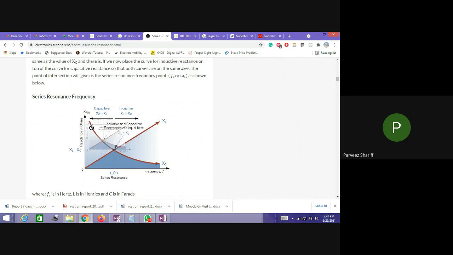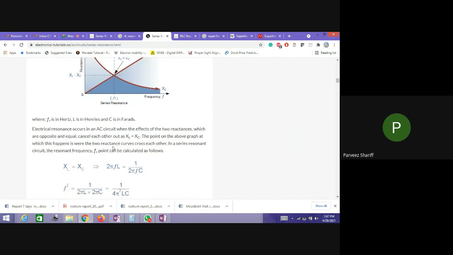Here the reactance of the capacitance is higher, whereas the reactance of the inductance is less. So below this point, it is a capacitive reactance circuit, and above this, it is an inductive reactance circuit. This is the point where it is only a resistive circuit, where the capacitance and inductance effects are zero because they cancel each other.